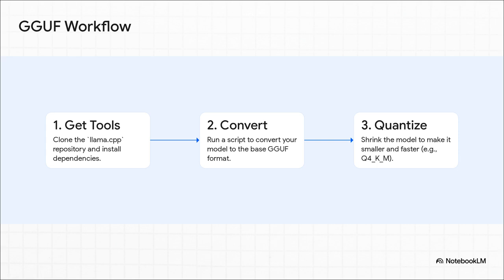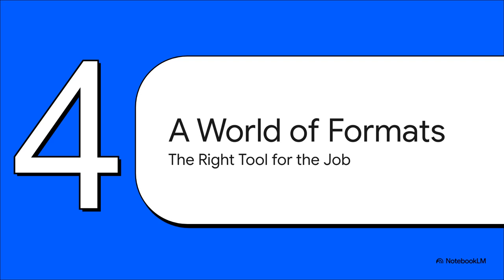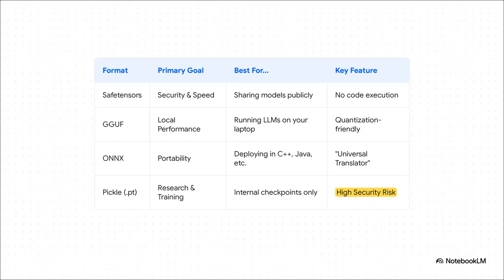It's kind of magic. Okay, so we've talked about the big two, right? SafeTensors and GGUF. But they're not the only games in town. There's a whole world of other formats out there, and each one is like a specialized tool designed for a very specific job in the AI pipeline. All right. Let's just quickly recap and put these side by side. You've got SafeTensors, that's for sharing stuff safely and quickly.